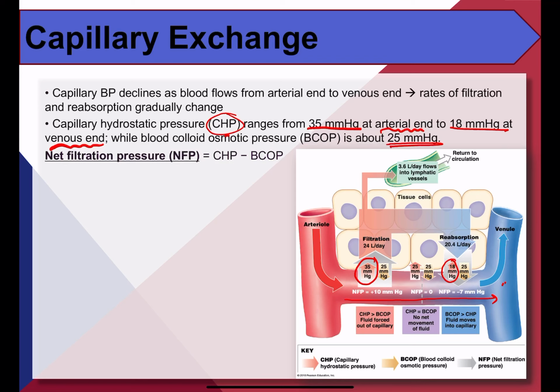That's why you see this yellow 25 here, and it doesn't change as we move from the arterial side to the venous side. It's 25 throughout because this pressure is due to the plasma proteins in the blood, and in a normal capillary the plasma protein concentration is not going to change as it moves through, because they're too big to fit through the pores in the capillaries.